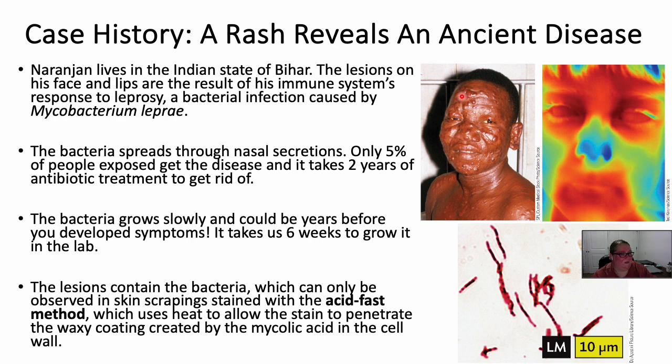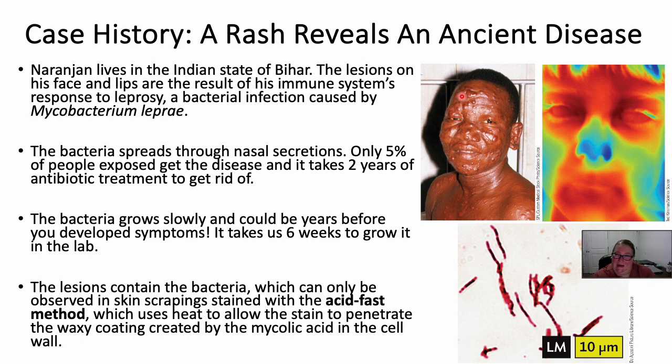it takes a long time for this bacteria to grow. In fact, a lot of people will be exposed to the disease, so exposed to the pathogen, but won't actually get the disease until a year or two later because it's so slow growing. In fact, it is so slow growing.